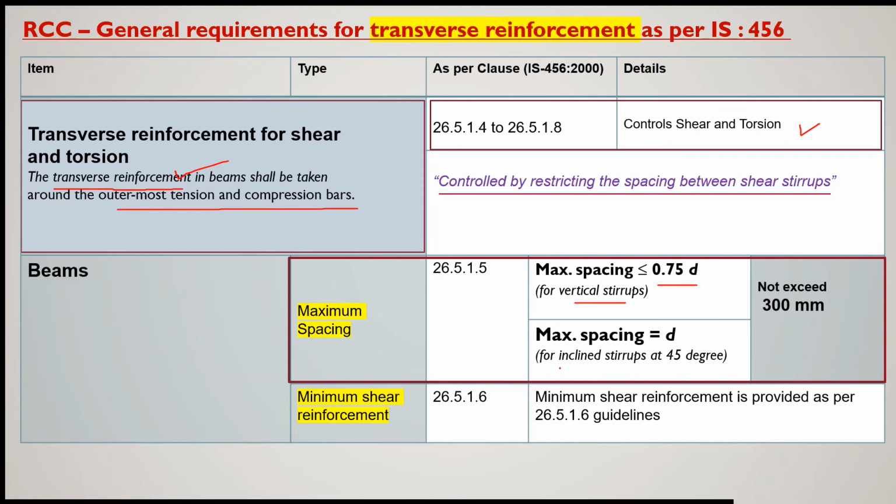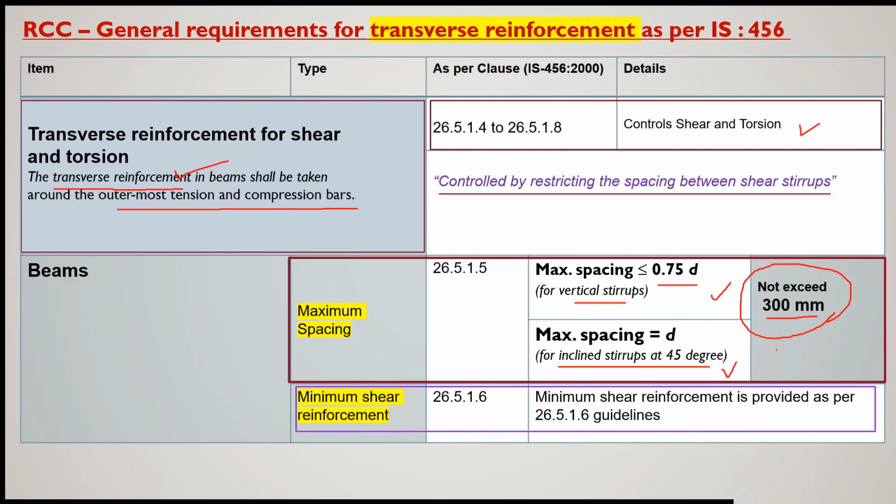For inclined stirrups at 45 degree inclination, the maximum spacing is equal to the effective depth of the section. But another condition is that when you calculate this spacing, in no case should it be beyond 300 mm. So the maximum limit of transverse reinforcement spacing is 300 mm.